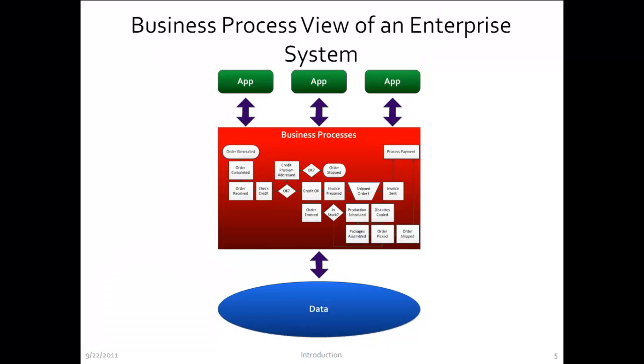The second thing that these applications will share are processes. There will be processes that begin at one application, go through other applications, and end at another application. Once again, let's take the example of somebody buying something from this company. That process of buying something is known as the order to cash process.